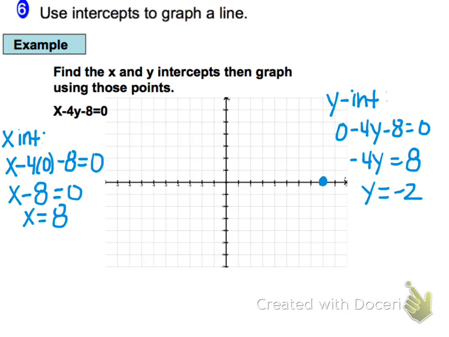So now we'll go to negative 2 and put a dot there. And I can then just connect those to get my line. And so you can see that it's another way to graph a line. Instead of using the slope and the y-intercept, you can also use the two intercepts.